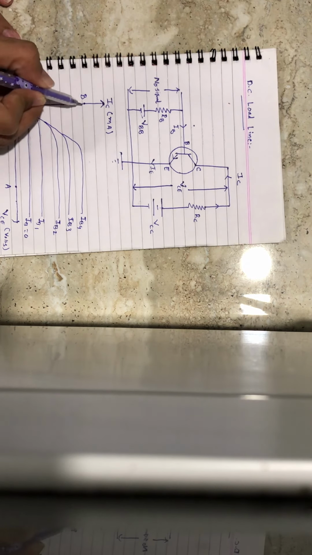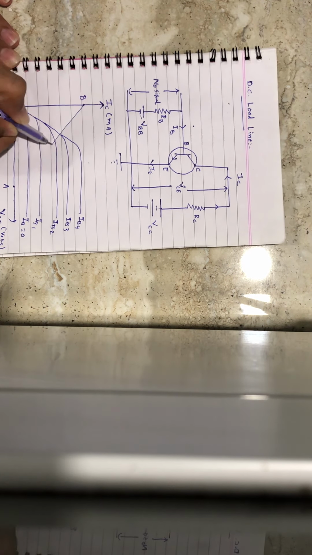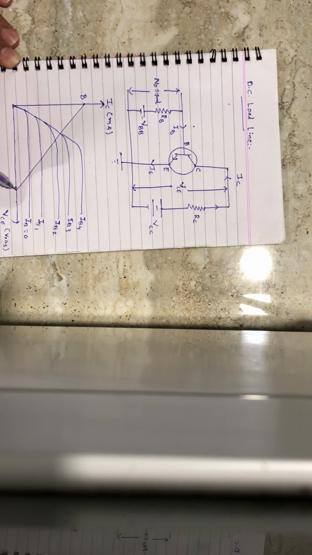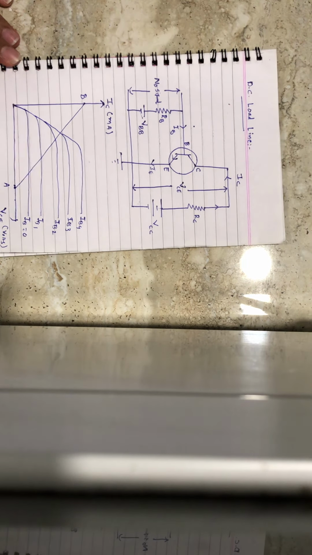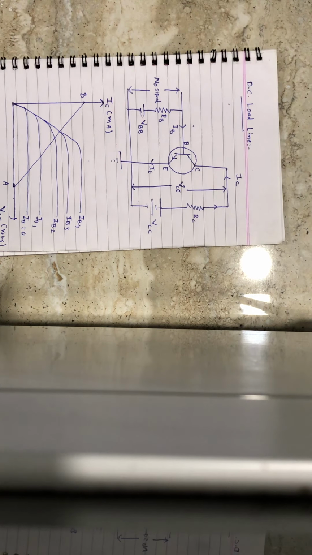Now I have to connect these 2 points, and whatever line I get is known as the DC load line. One more thing, I told you before that there is a Q point, and that Q point is present over this DC load line.